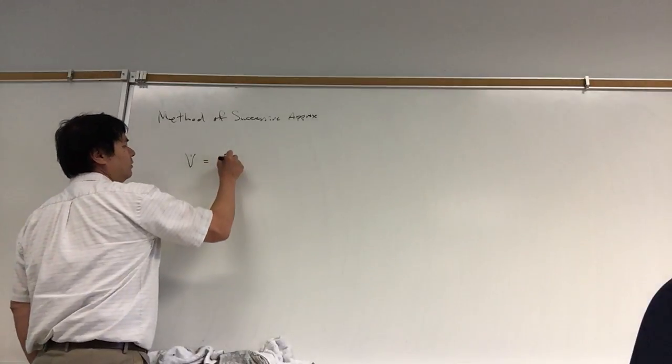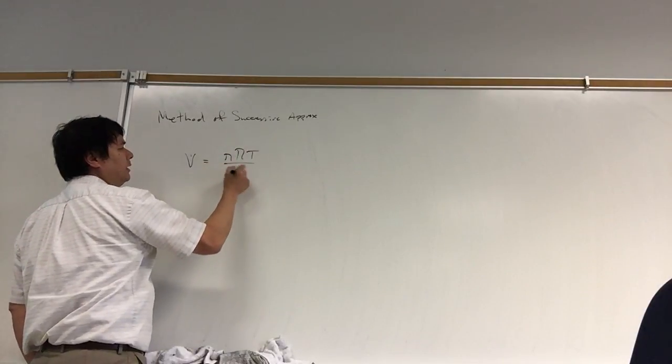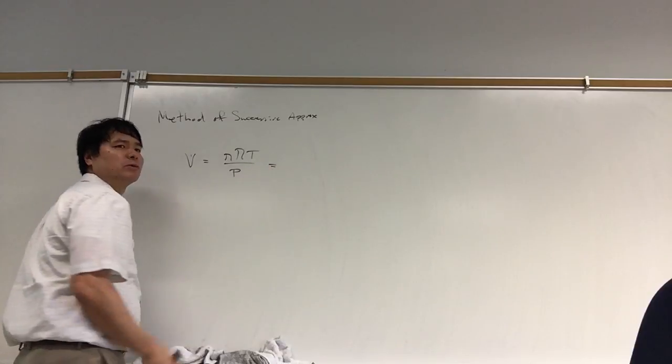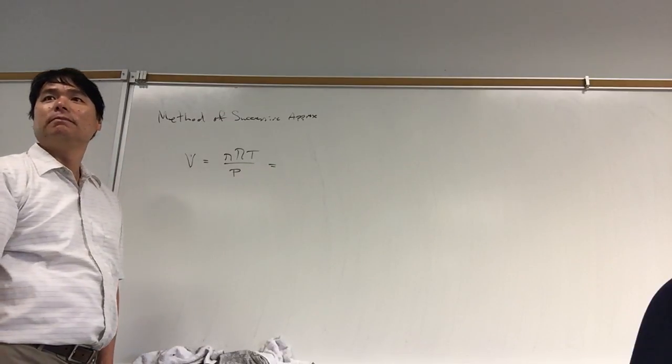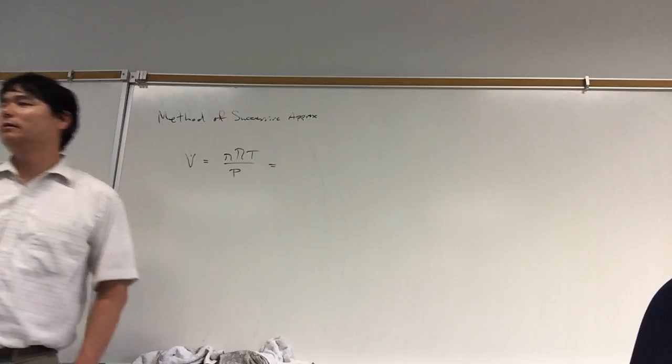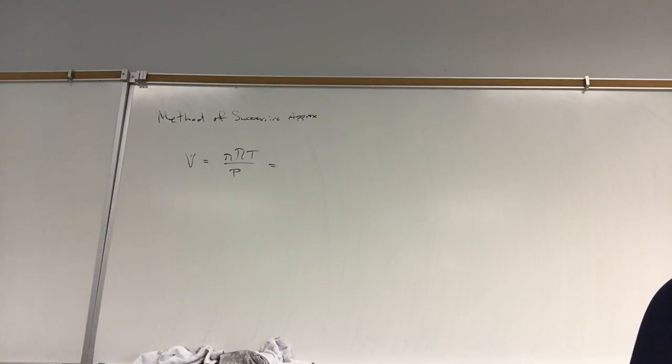And so we calculated volume, which was equal to nRT over P, and the number of moles was, what was that again? 10.3. Somebody have that? The numbers from last time?